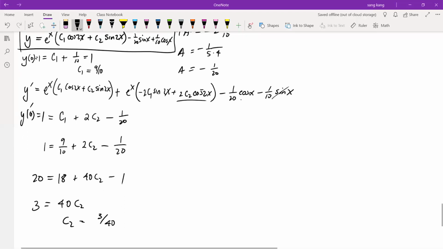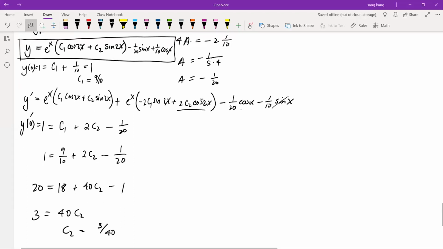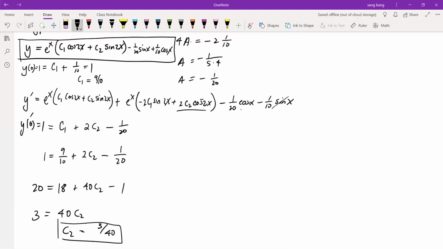Okay, so now all we do is plug these coefficients into our general solution.